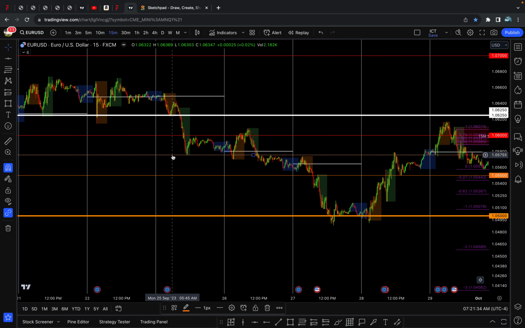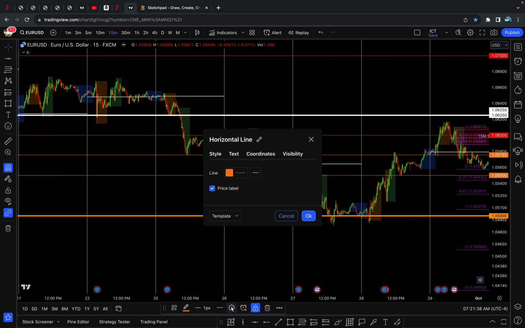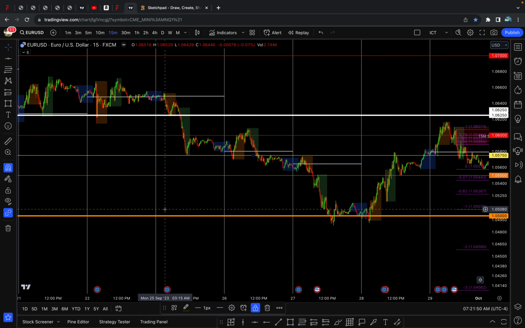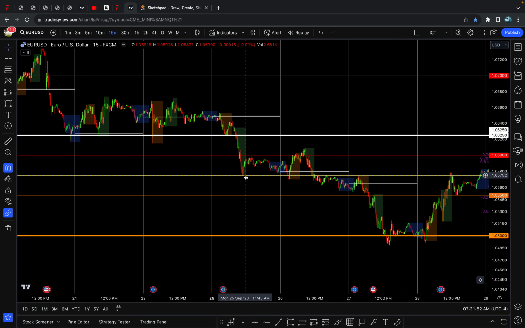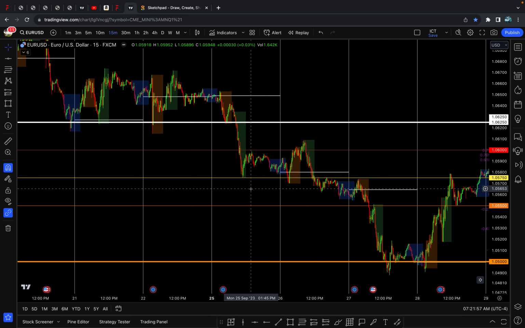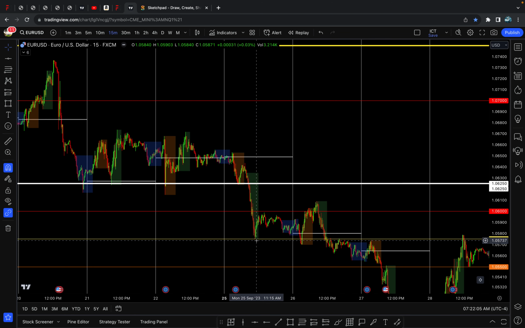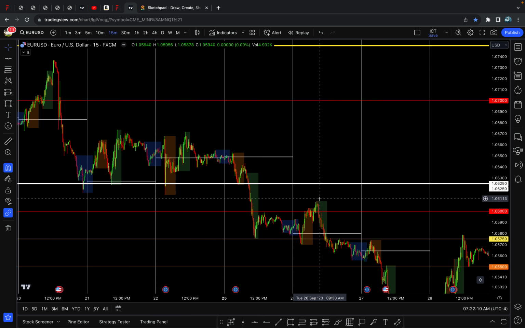This is the 750 level here. And so you see price bounced off of there, and that was it for the day. The New York low was at this 1,000 quarters theory level, and basically it just came up here.